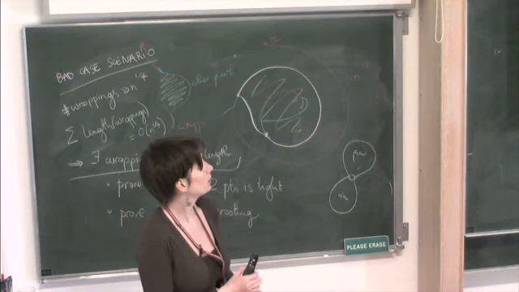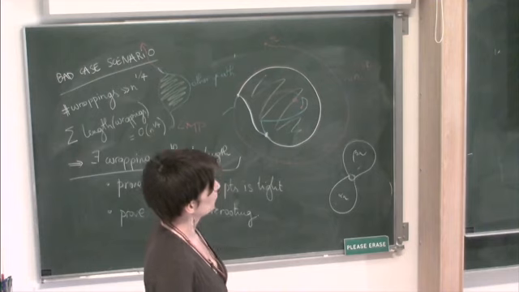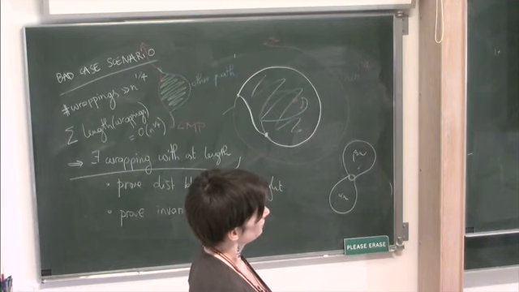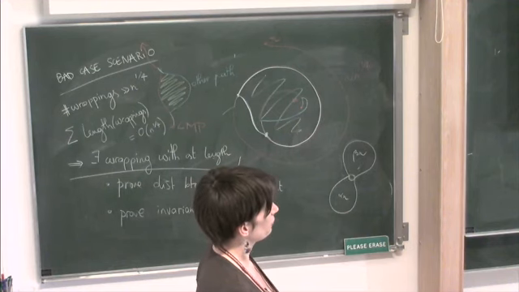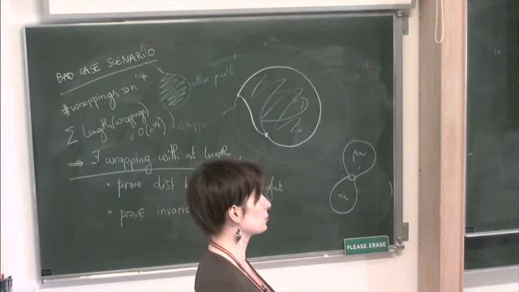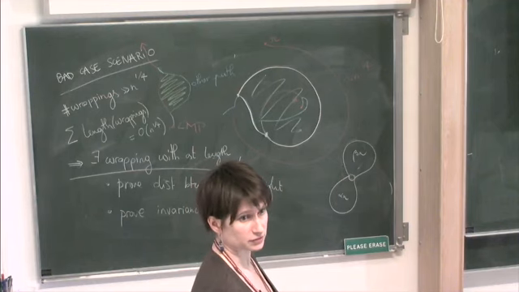So gathering all these arguments, we get this statement: if the bad event is that there exists a vertex such that the label is much more than the distance to the root, then the probability of the bad event goes to 0 as n goes to infinity.